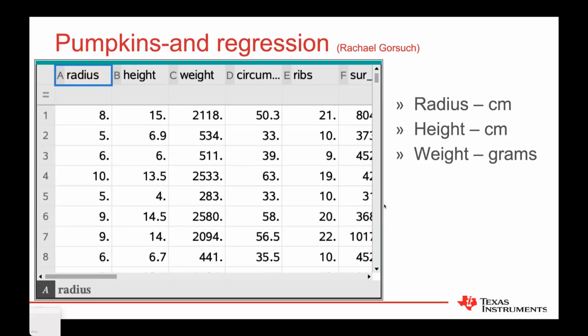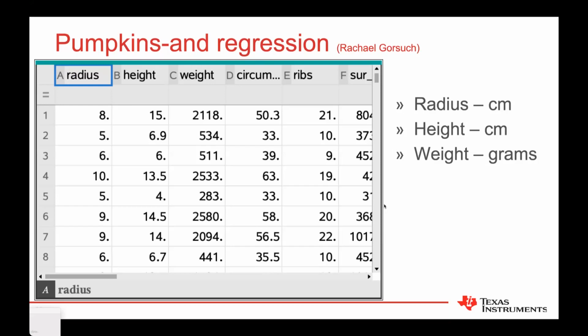They went out and got pumpkins and collected data on them, and the upper level students helped the elementary students figure out how to measure things. What would I do to get the radius? How could I measure the circumference? The kids had a great time and got this wonderful data.